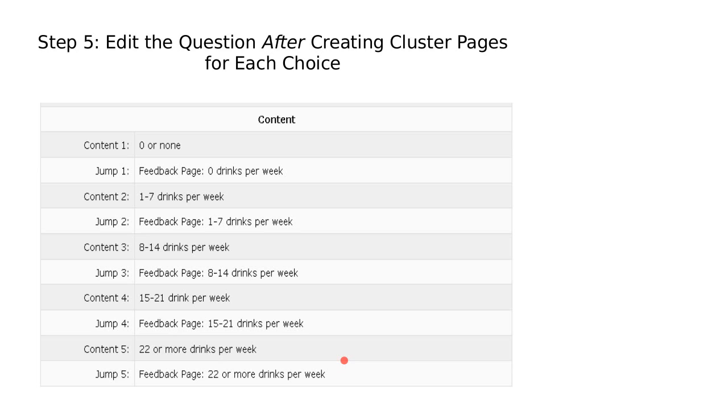If I click on the content 2 tab, and in our world it's going to be 1 to 7 drinks per week, I'm going to get a different page. I'm going to get the feedback page for 1 to 7 drinks per week, and so on. If I choose 8 to 14, different page, 15 to 21, different page. And so you're going to be getting 5 different feedback pages, and this is where a person really needs to be tracking that.